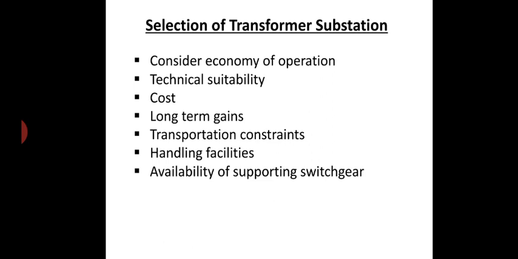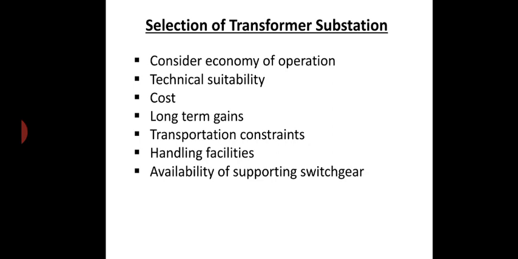Why? Because the primary side is of high voltage and the secondary side is of low voltage, and we need to see that protection is ensured more on the primary side rather than the secondary side. Since the primary side is of high voltage, more importance is given to protection on the primary side.